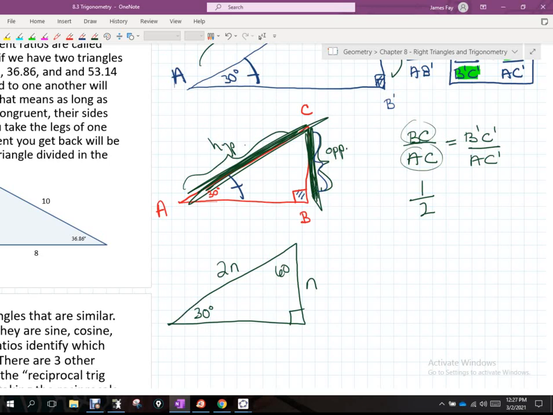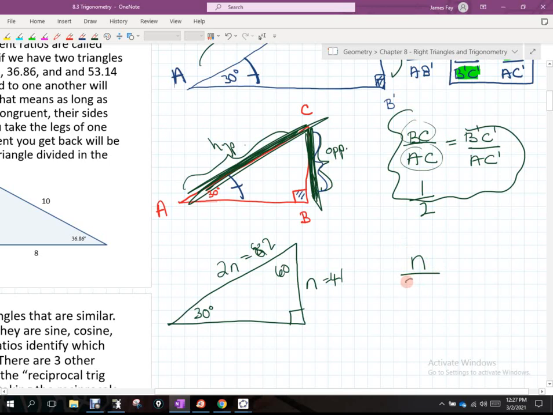Also because of what we know now of what I just demonstrated here. But no matter what, if somebody has n to be 1, then this would be 2, right? If somebody had n to be 4, this would be 8. If somebody had n to be 41, this would be 82. But when I compare opposite side divided by the hypotenuse, what's n over 2n always reduced to? 1/2, right?